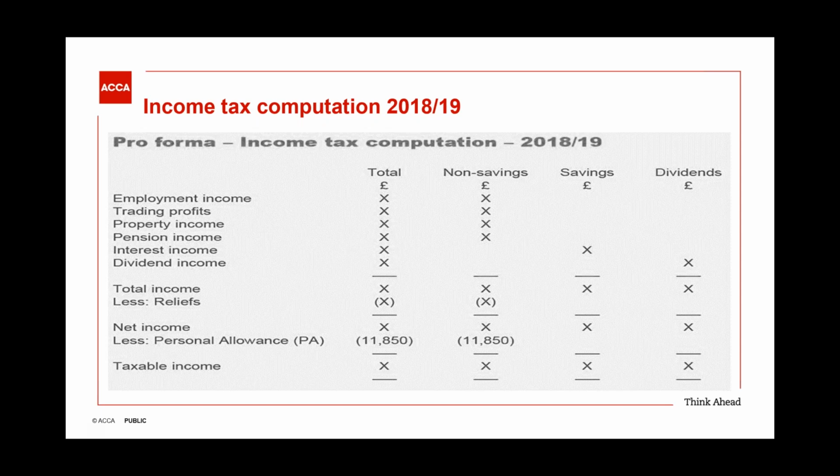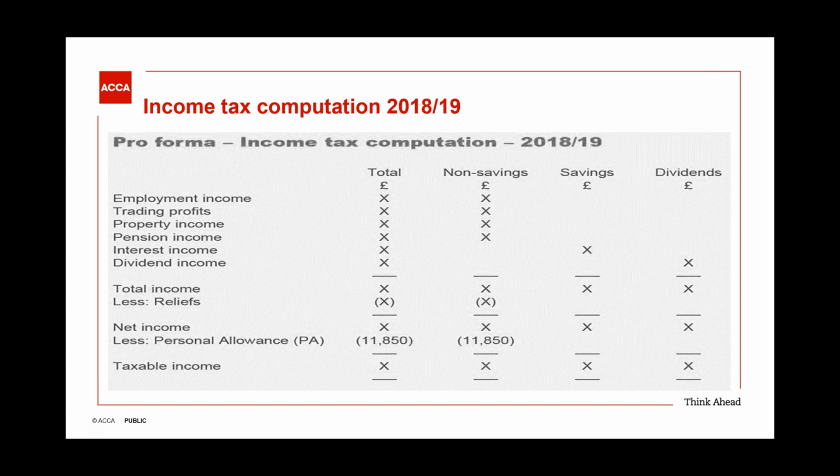If your taxable income is more than 34,500, but up to 150,000, then you're a higher rate taxpayer. If your taxable income exceeds 150,000 pounds, then you're an additional rate taxpayer.